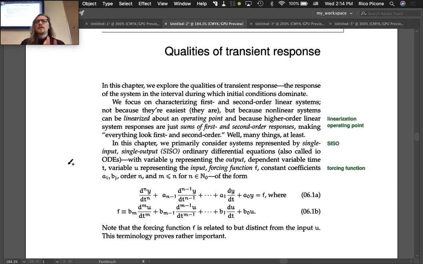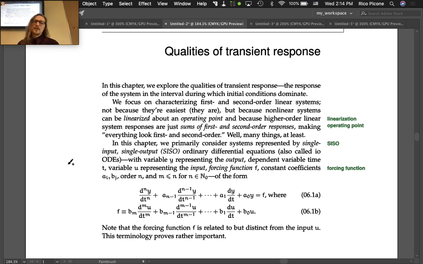And also, everything looks like a first or a second order system, which is something you can use. It's not universally true, but I would say most things look like a first or a second order system, even if they're higher order or maybe a little bit nonlinear. Not everything really, though. It's just sort of an approximation, that phrase.